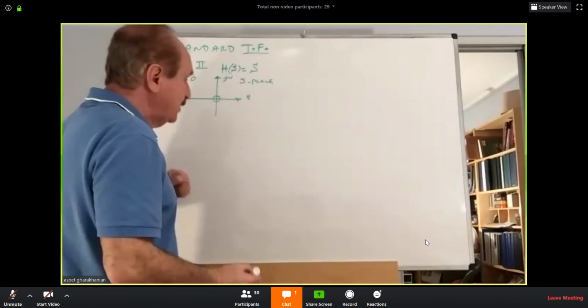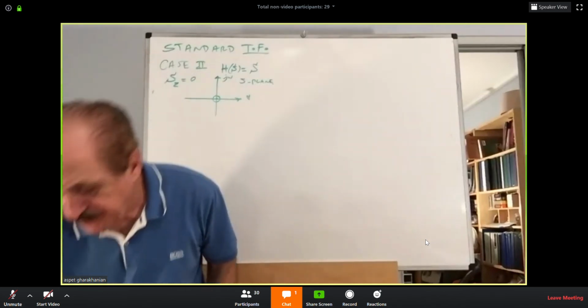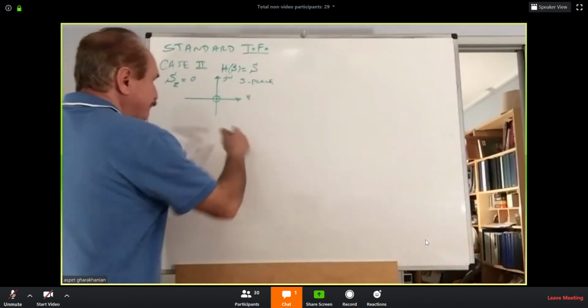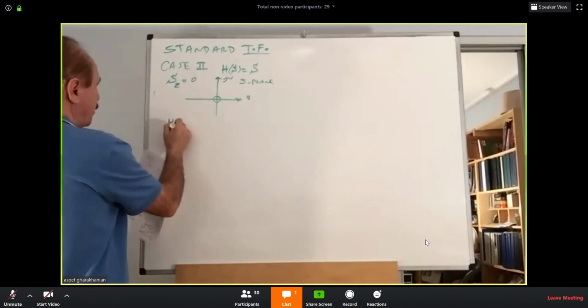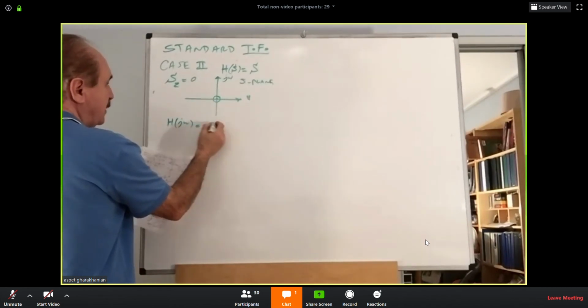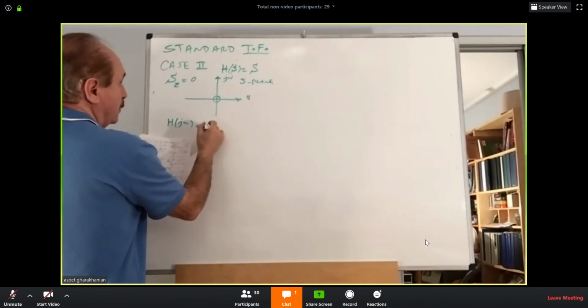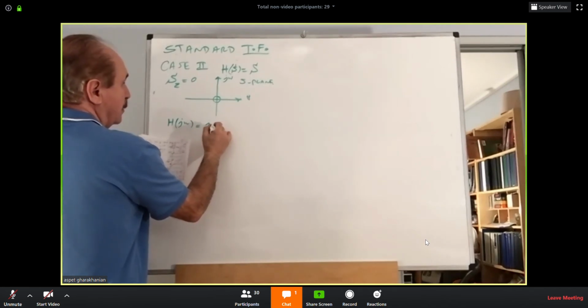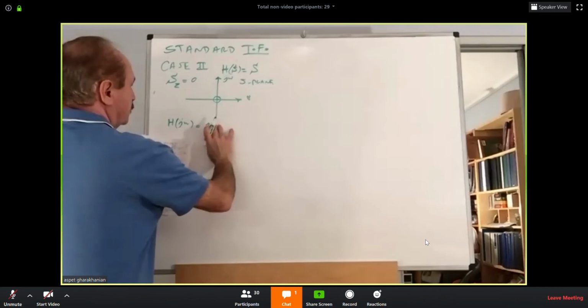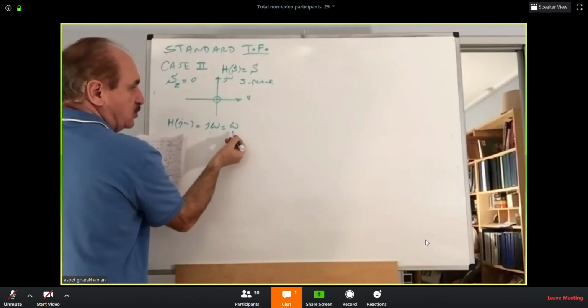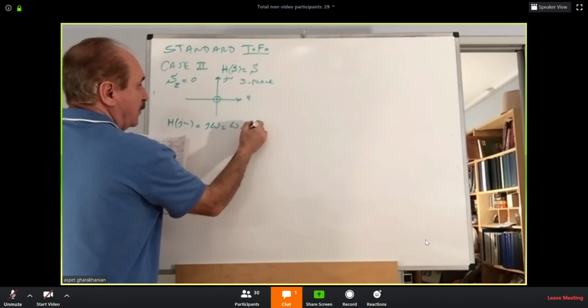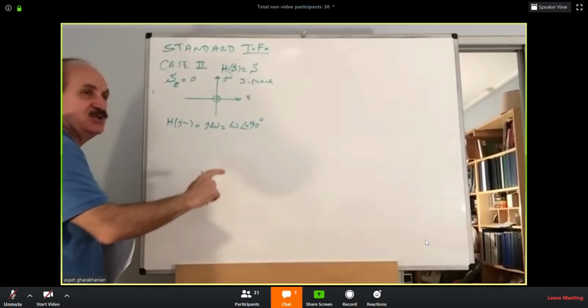Okay, what is the transfer function? We will simply proceed the same way. H of j omega will be simply equal to j omega, which has a magnitude of omega and an angle of positive 90 degrees because of the j.